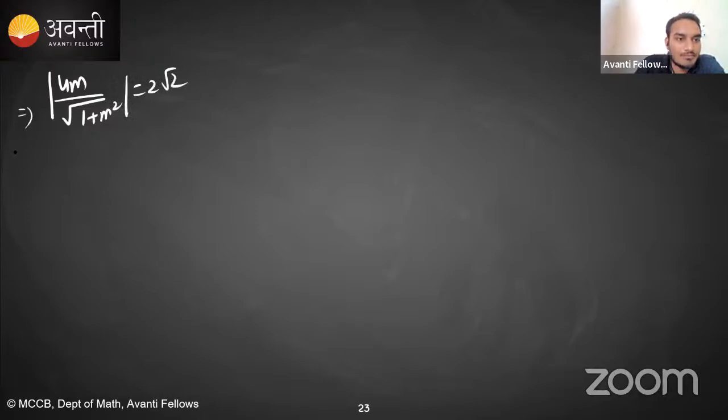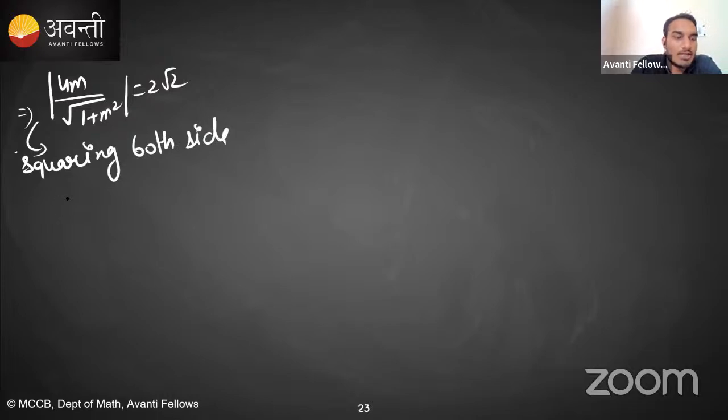Now squaring both sides, what you will get? 16m square upon 1 plus m square is equal to (2 root 2) whole square.